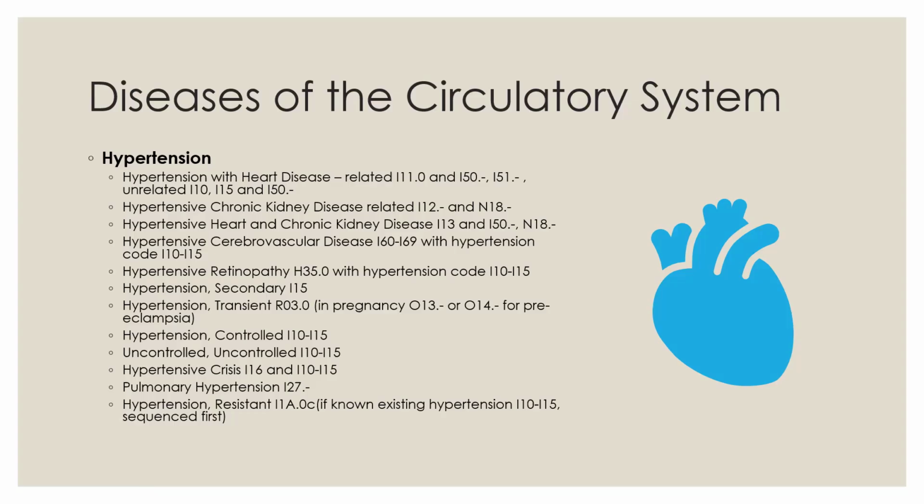Assign code I1A.0 for resistant hypertension as an additional code when apparent treatment-resistant hypertension, treatment-resistant hypertension, or true resistant hypertension is documented by the provider. A code for the specific type of existing hypertension is sequenced first if known.